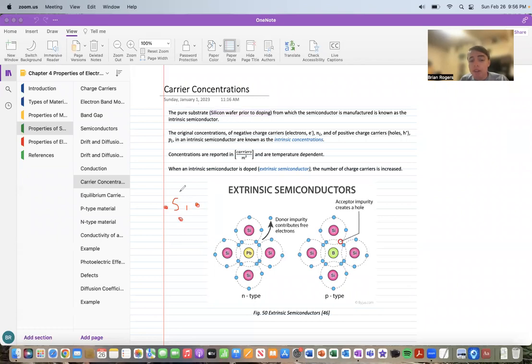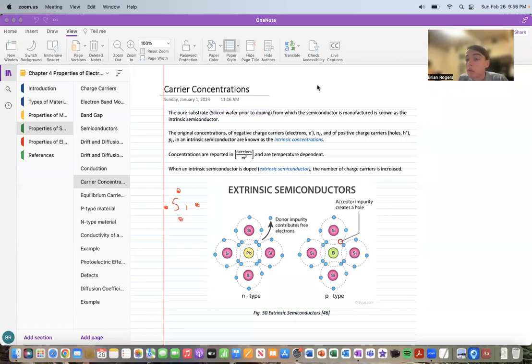And what happens is we dope it. We can dope it with p-type or n-type. Those are the two we can choose from. That's where we're going to introduce either boron or phosphorus. Boron is a p-type material, whereas phosphorus is an n-type material.